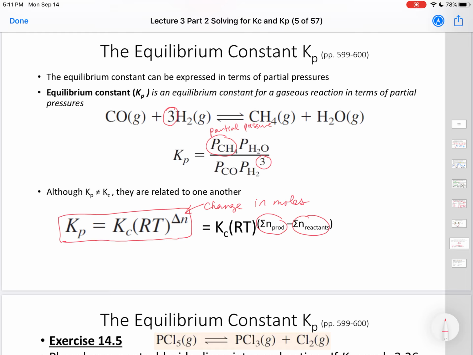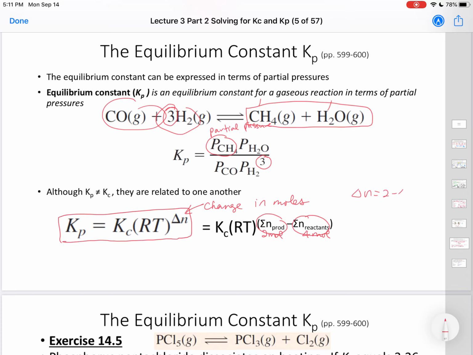If you look at this previous example here, the moles of the product are here. You have one CH4, one H2O, because there's no number in front of these. So you would say you have 2 moles of the product. The reactants, you have 3 of the hydrogen and 1 of the CO. So really 3 plus 1 is 4. So you have 4 moles of the reactants.